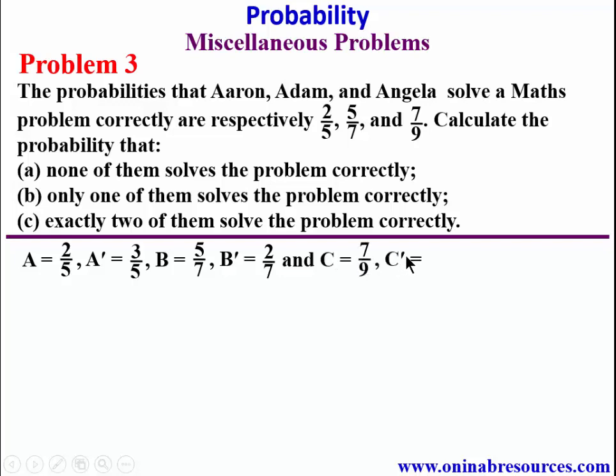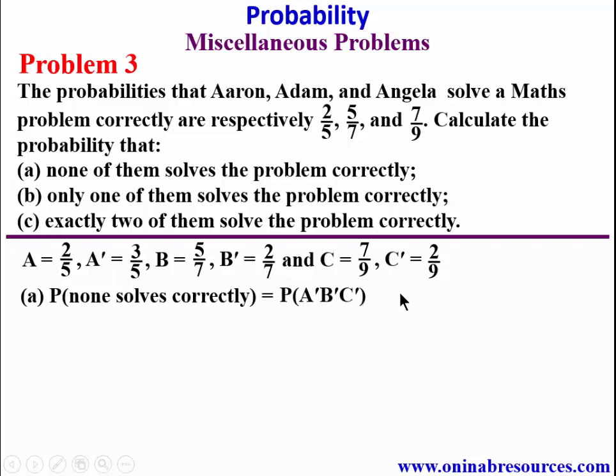So that C complement, which means Angela does not solve it correctly, will now be 1 minus 7/9, and that gives 2/9. So we start from A part of the problem. Probability that none solves the problem correctly will be A does not solve it correctly, B does not solve it correctly, and C does not solve it correctly.